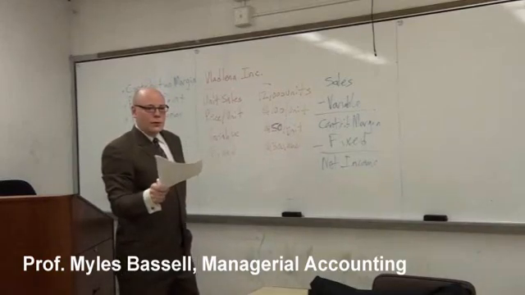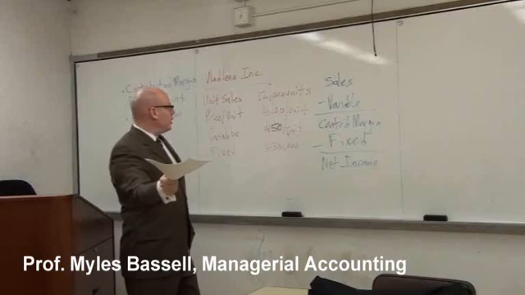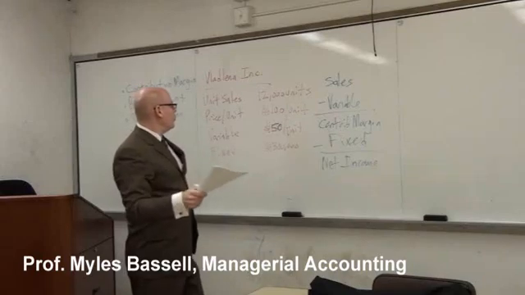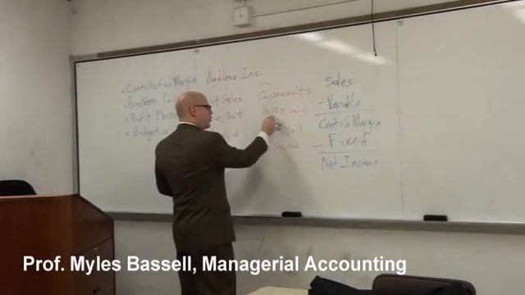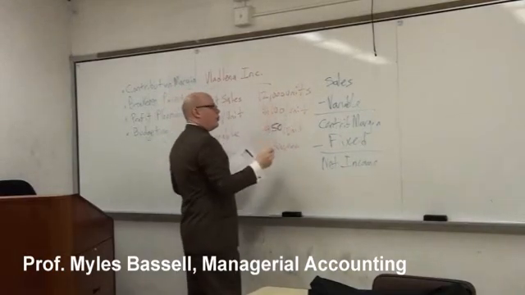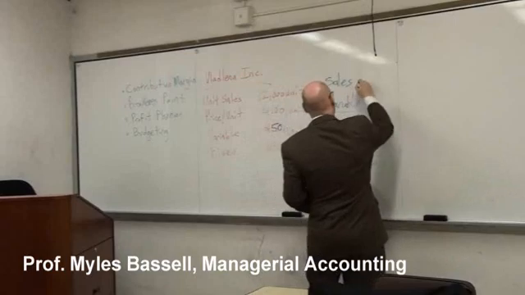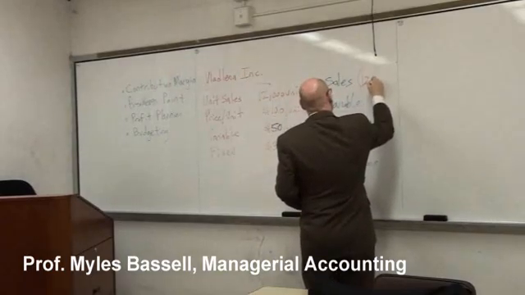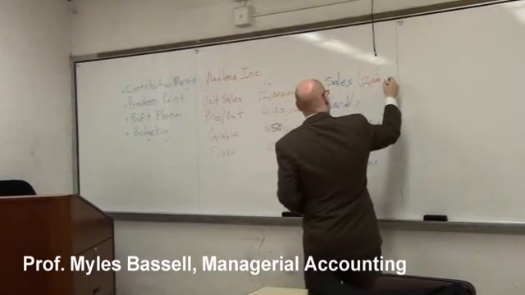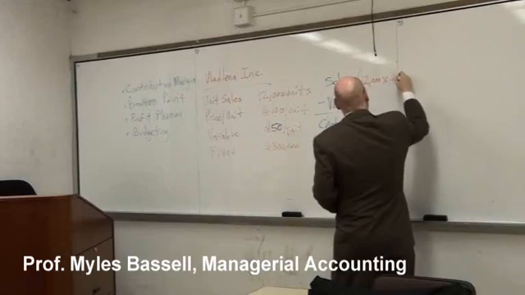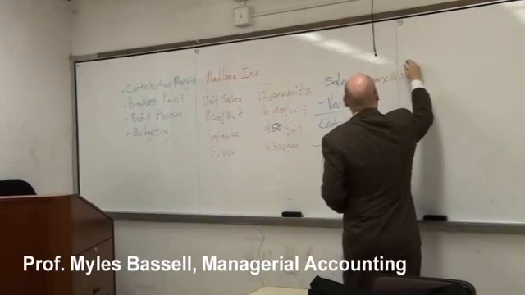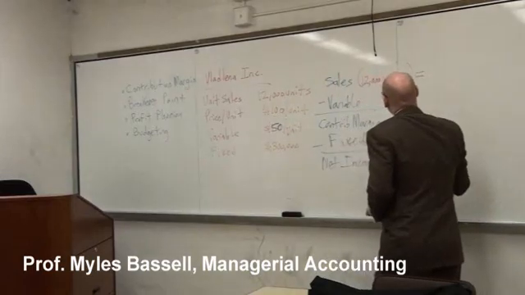Number of units and price. Okay, Lena, tell us. That's number of units and price per unit. They tell us the price per unit is $100, and we're going to sell 12,000 units. So in order to calculate sales, we multiply 12,000 units by $100. And that's going to give us how much?